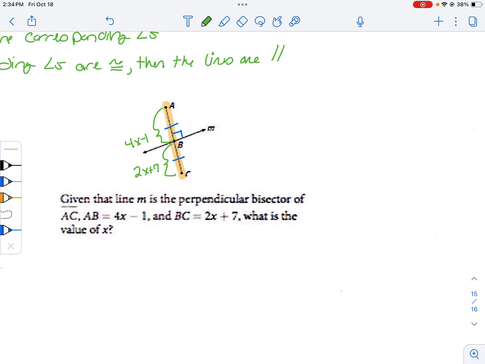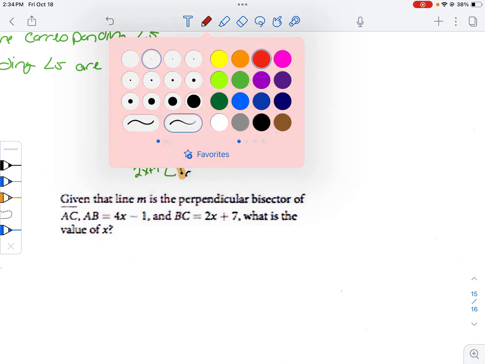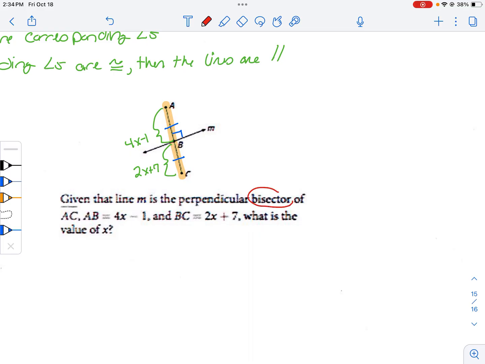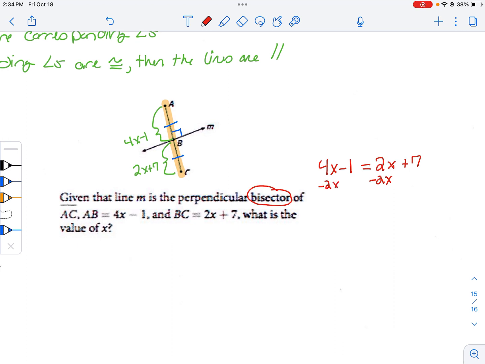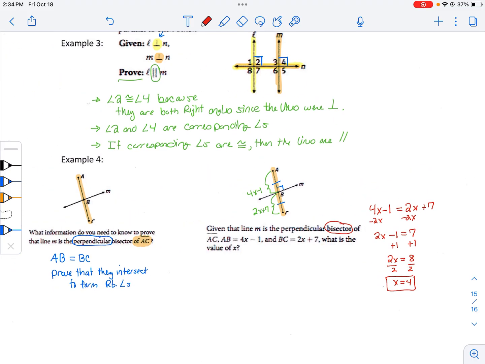Can we solve for x? Well, yes, because we know that bisect means that they are equal. Therefore, the 4x minus 1 will have to equal the 2x plus 7. And we can solve this equation, get the like terms on the same side, move the constants to the other side, and divide to solve for x. So we could actually solve that one because we knew already that it was a perpendicular bisector.